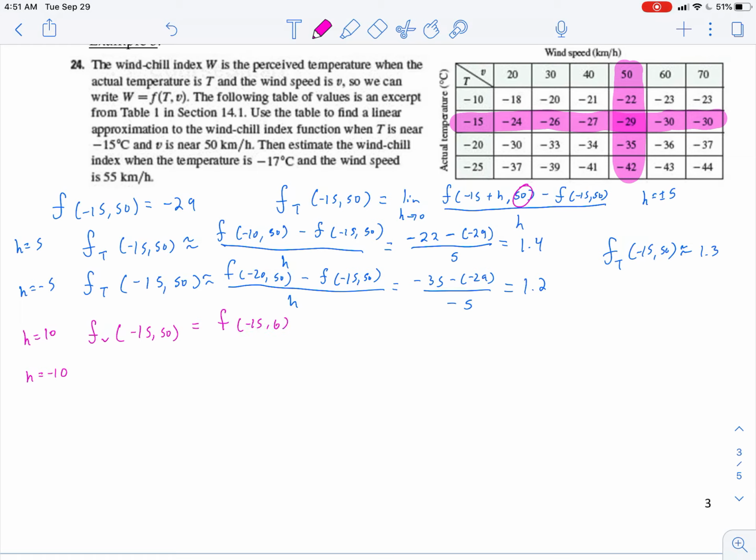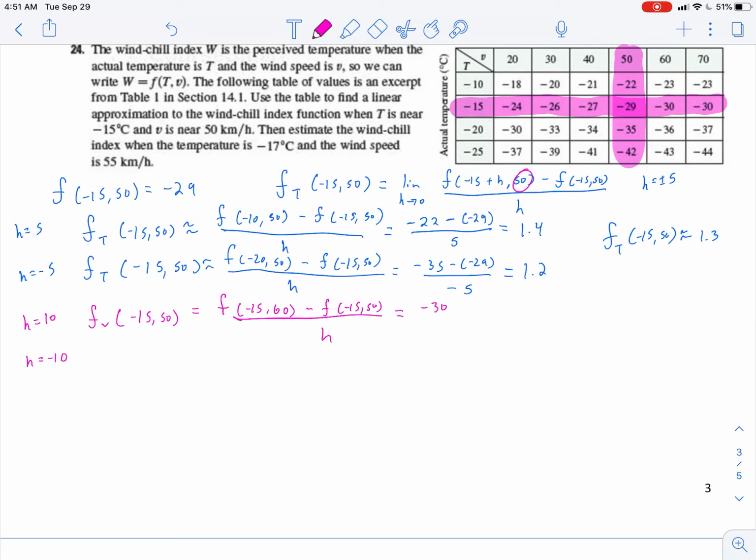All right, and so now we have f of (-15, 60) minus f of (-15, 50) all over h. And so (-15, 60) is going to give us negative 30. So negative 30 minus a negative 29 all over 10 is just going to give us negative 0.1.